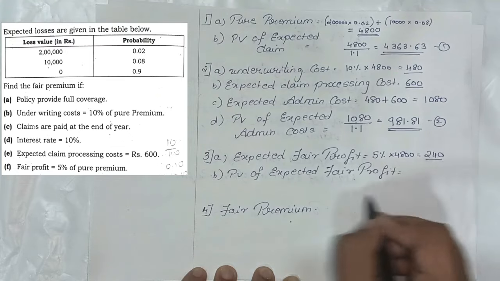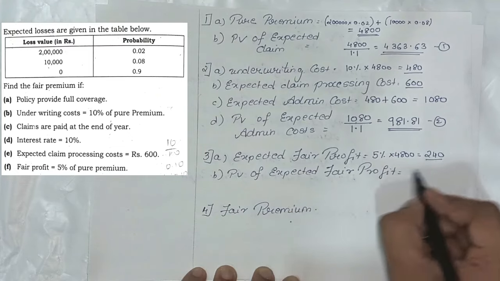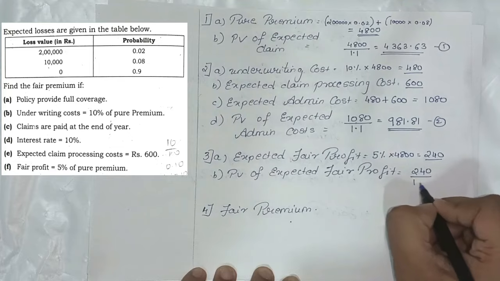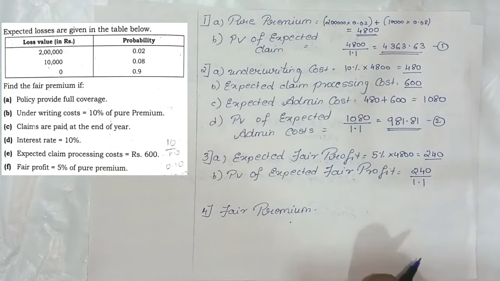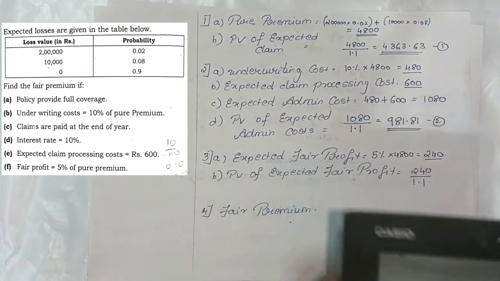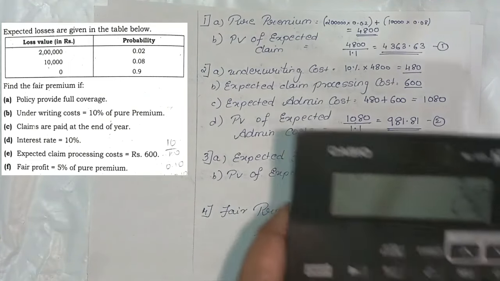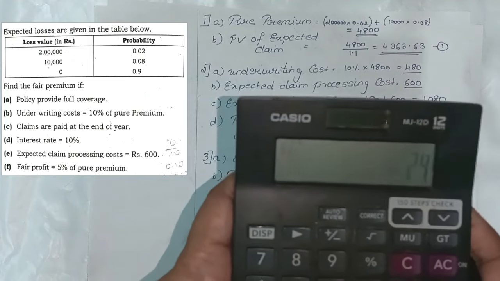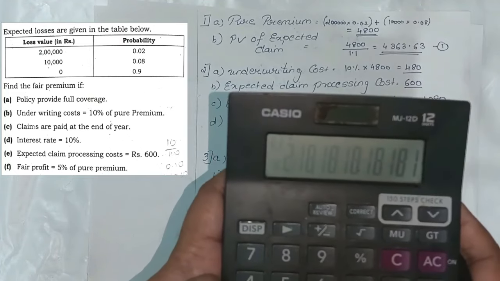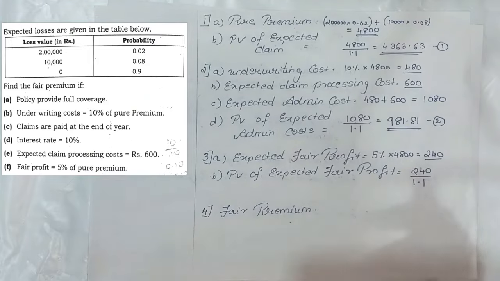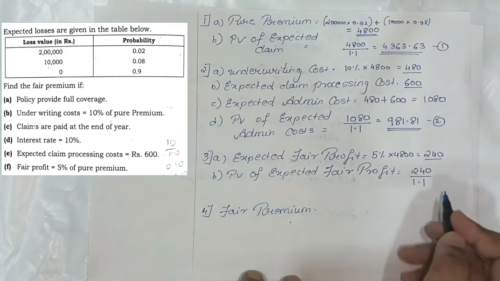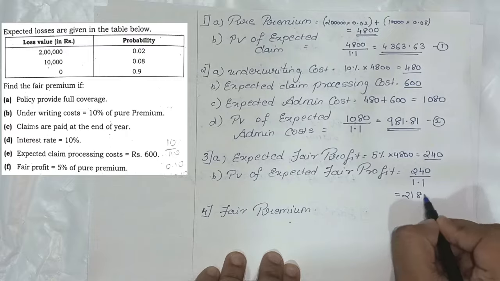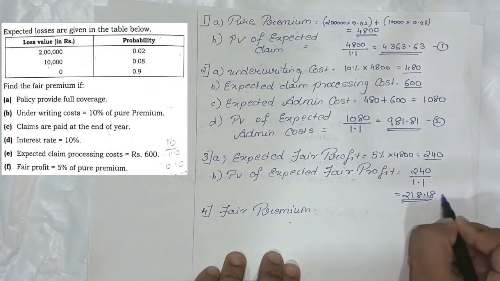And PV of expected profit will be the same, 240 divided by 1 plus the interest, so 240 divided by 1.1 comes to 218.18. So we note down 218.18, that's the third value.